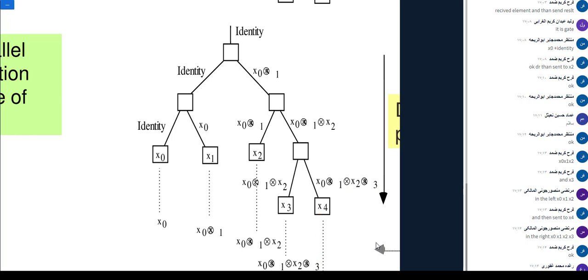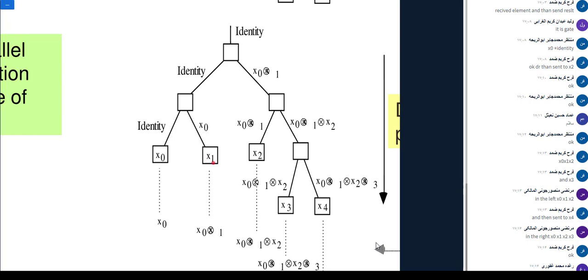These are the final results, or it's better to say the prefixes. You can see the prefixes from x0 to the final result.